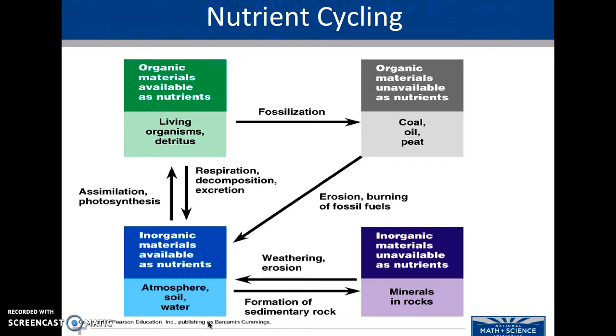Usually it incorporates them into a living thing. If we're in the green box, I can become unusable if I am fossilized, I become a fossil and eventually become coal, oil, or peat, or something like that. Feel free to ask me to give an example of this if you find this image confusing.